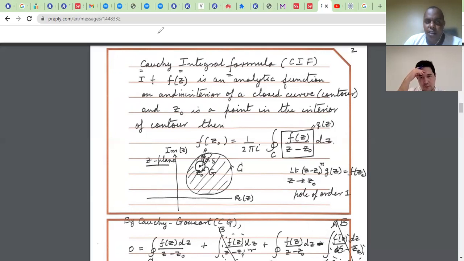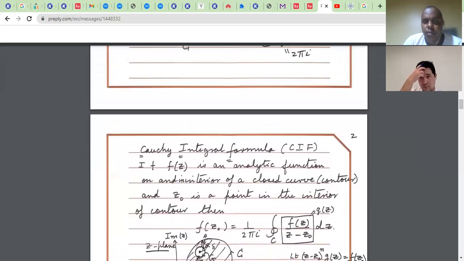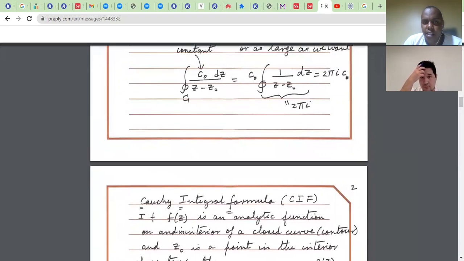So if you pick any point inside that contour, then this function can give you the function value f at that point, z naught.